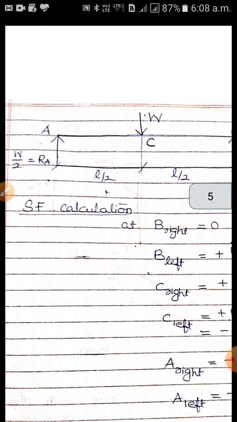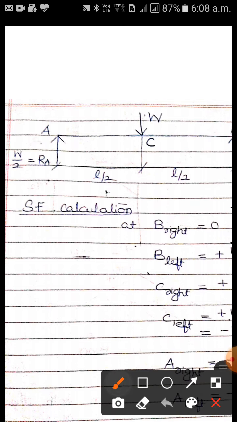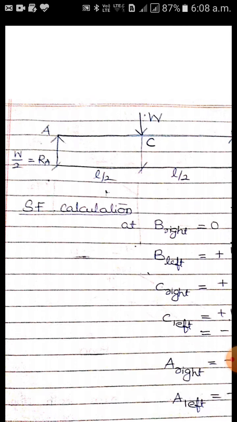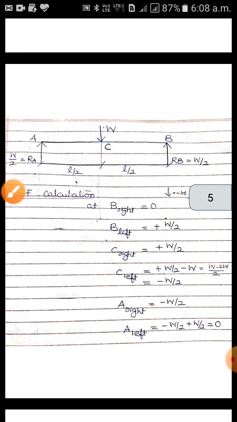Okay, now coming to A right, you will see the same value. Okay, A left, you will have the same value. What is the value? C left, minus W by 2, that value you will have.